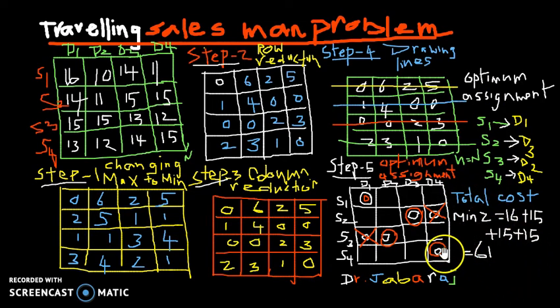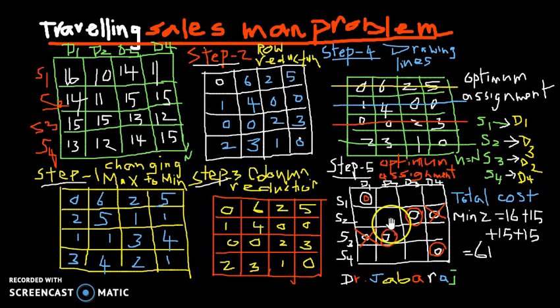If we tell S1 to D1, he brings 16 rupees to the company. If we assign S2 to the third district, he brings 15 rupees. If the third person is assigned to the second district, he brings 15 rupees. And the last person assigned to the last district brings 15 rupees.